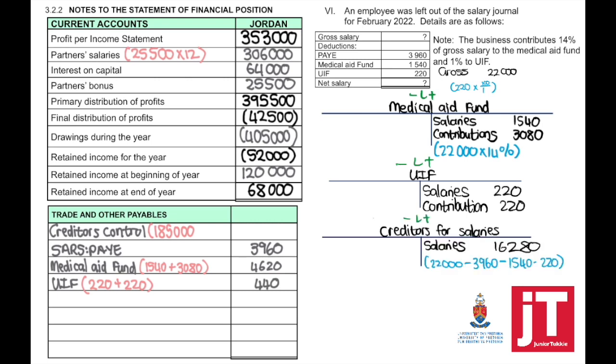Do not forget about the net salary, creditors for salaries. To get the net salary, you have to take your gross minus deductions, which will be your pay as you earn, medical aid, and the UIF. And that is the amount which is owed to my employee.